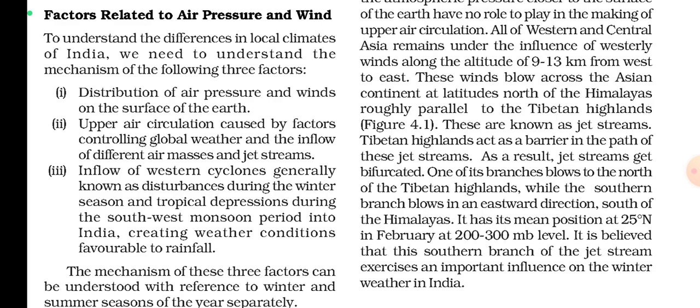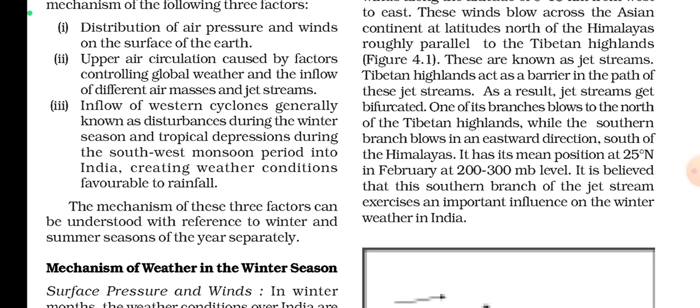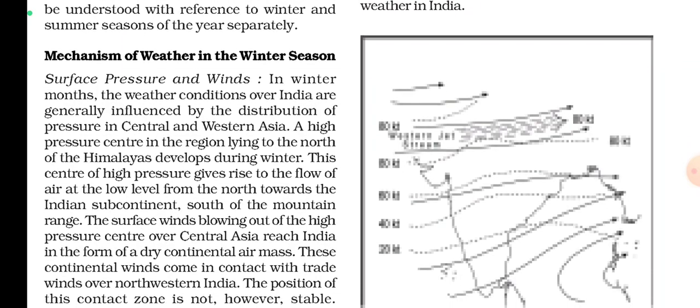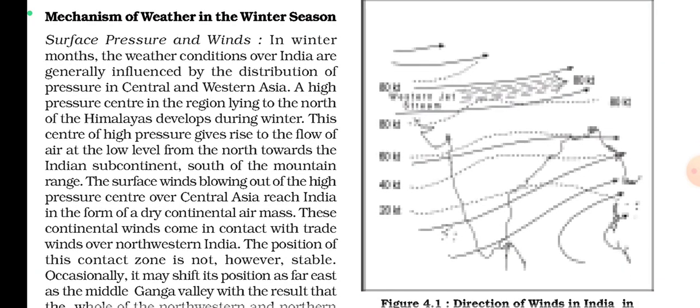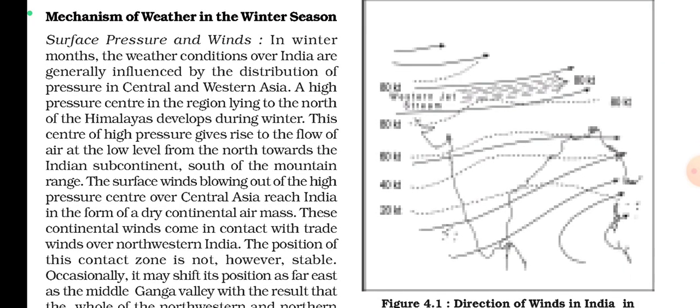The mechanism of these three factors can be understood with reference to the winter and summer seasons of the year separately. Mechanism of weather in the winter season. Surface pressure and winds. In winter months, the weather conditions over India are generally influenced by the distribution of pressure in Central Asia and Western Asia.